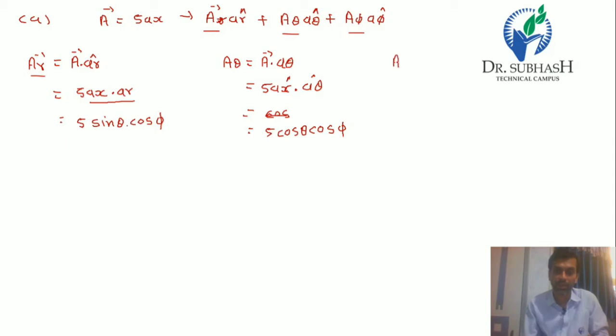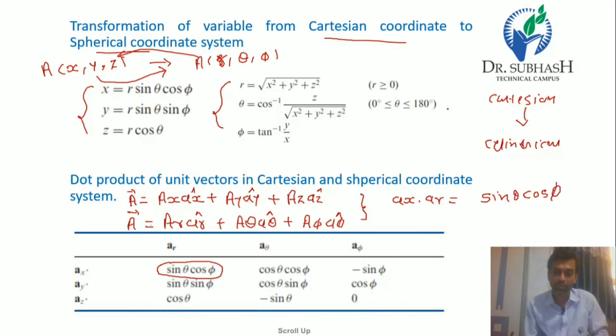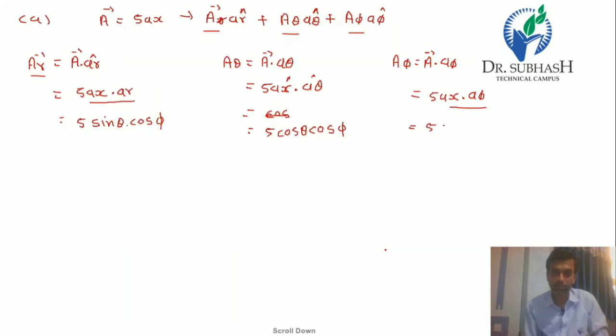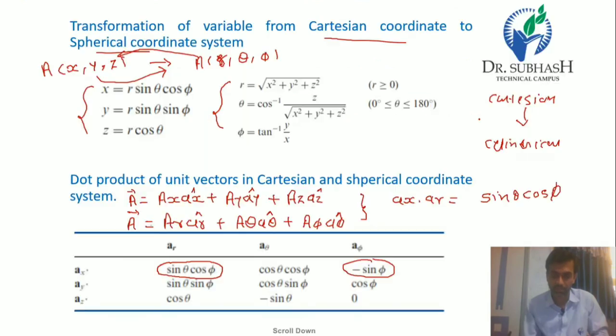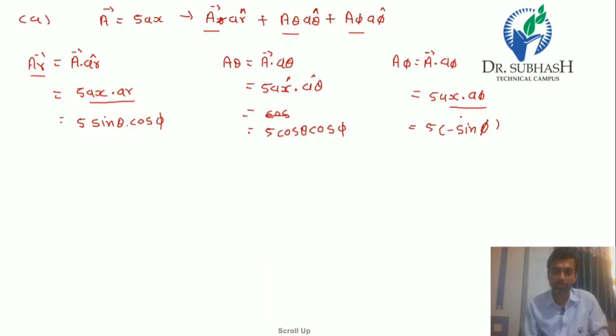And for the A phi component, again A vector dot A phi, and the value of Ax dot A phi we again find from the transformation table, and it is minus sin phi. So let's put the value minus sin phi. Let's first verify phi. Okay. So here we get the three components: AR component, A theta component, and A phi component.